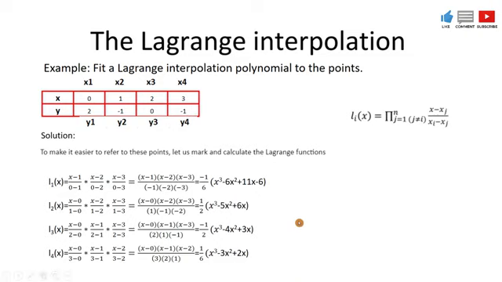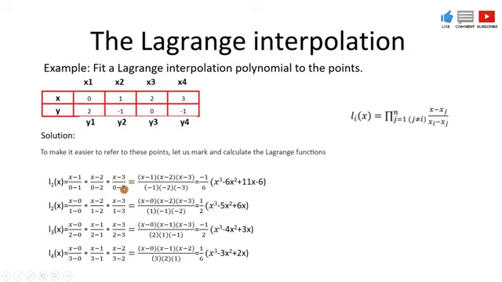This time we fix x4, which is 3. 3, 3, 3 is fixed. So x minus 0, x minus 1, x minus 2 over 3 minus 0, 3 minus 1, 3 minus 2. Be careful that these 0, 1, 2 will be the same as we see here.